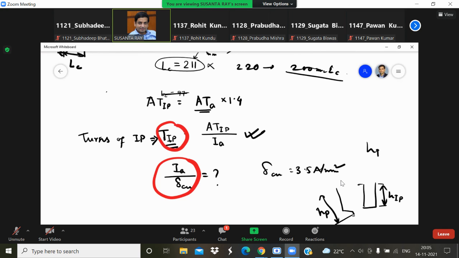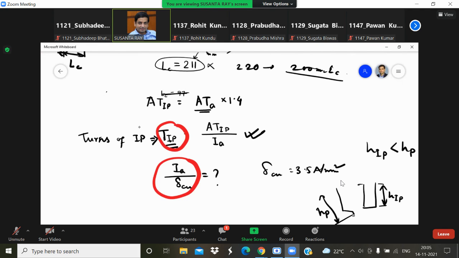So the height of the interpole you take just less than the pole height. This is how you have to design that. So you try to design the interpole.